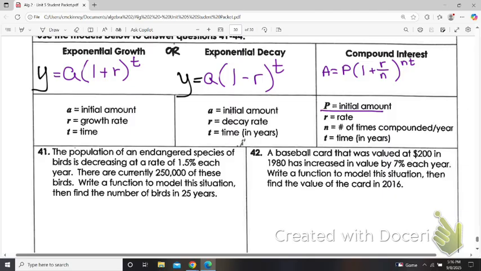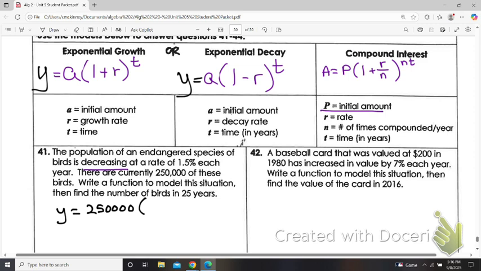So in number 41, our current number, I see it's decreasing, so this looks like exponential decay. Our current number is 250,000. You can include the comma, just remember don't try to type that into your calculator. And we're going to subtract 1.5.